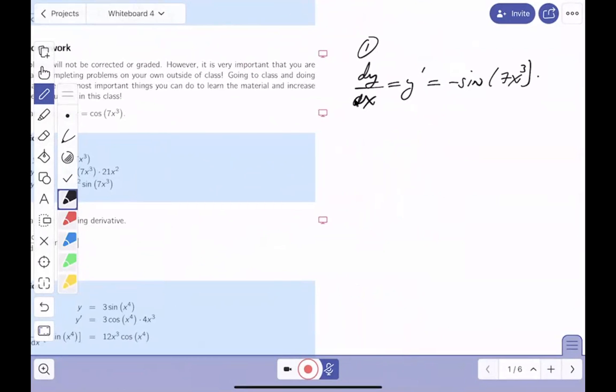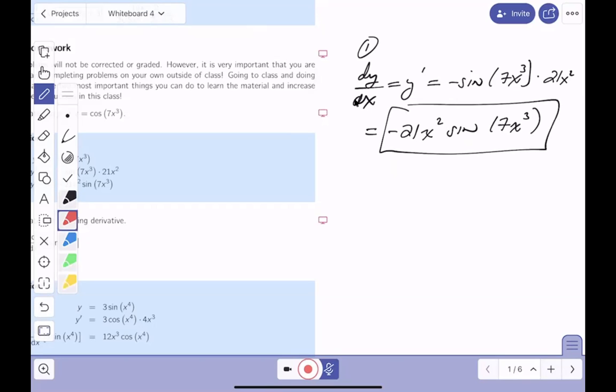Then I go to the inside, take the derivative of 7x cubed, which is fairly simple, 21x squared. I would rewrite that as minus 21x squared sine 7x cubed. Put a box on that, get my red pen out, and see how we did.